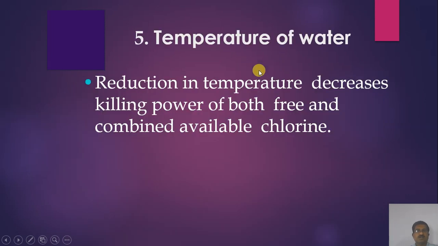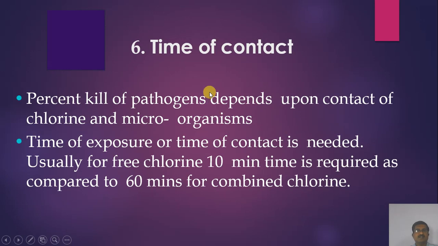Temperature of water. Reduction in temperature decreases the killing power of both free and combined available chlorine. Time of contact. Percent kill of pathogens depends upon contact of chlorine and microorganisms. Time of exposure is needed.